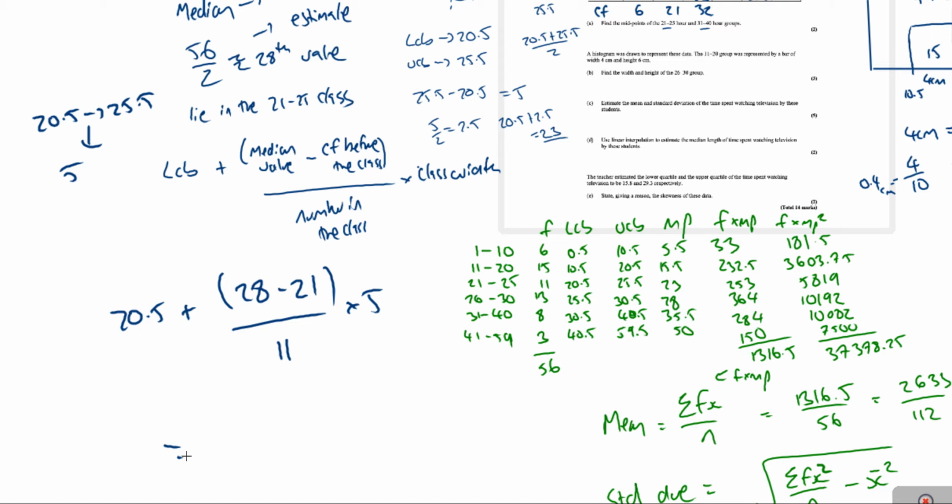When we substitute that in, we get 20.5 plus 28 minus 21 over 11 times by 5. We get a value of 23.7. And that's our estimate for the linear interpolation, and this is going to be the median.